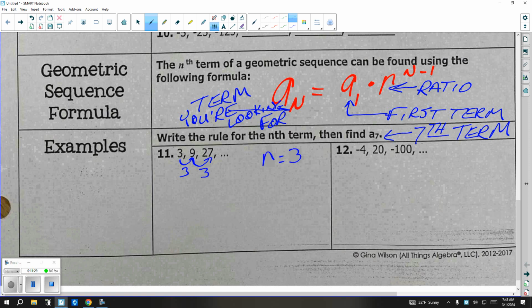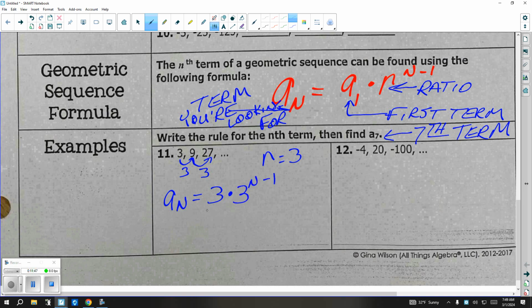All right, so here we go. So A sub n is the first term, 3, times the ratio, 3 to the n minus 1.